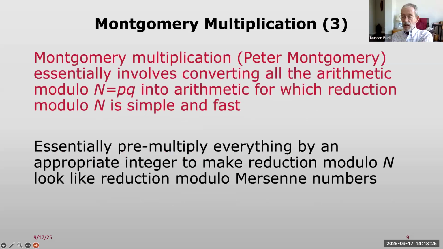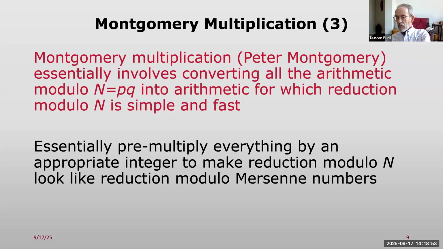Now, what Peter came up with is a clever way of converting arithmetic modulo p times q into arithmetic that looks like the Mersenne arithmetic. You essentially pre-multiply the entire world by something that turns it into something that looks like a string entirely of 1 bits.